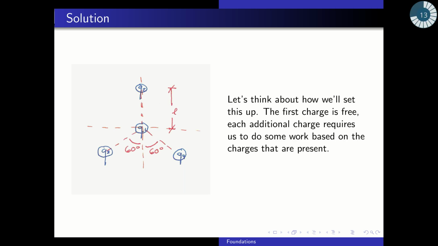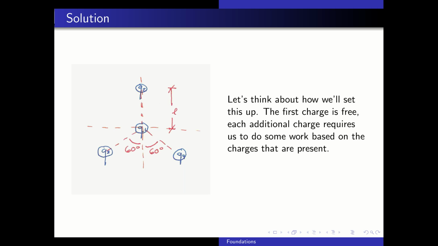Okay, so again, let's think how we set this up. The first charge is free. We can move Q1 in here, or any one. It doesn't matter which one we move in first. It turns out that no matter which charge we start with or which order we go in, the total work done will always be the same.